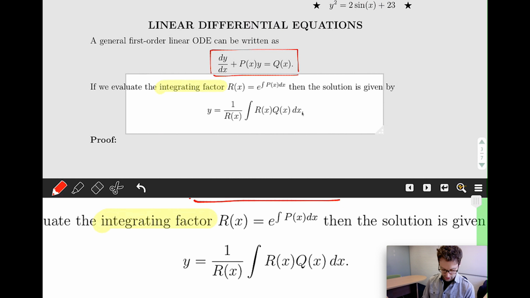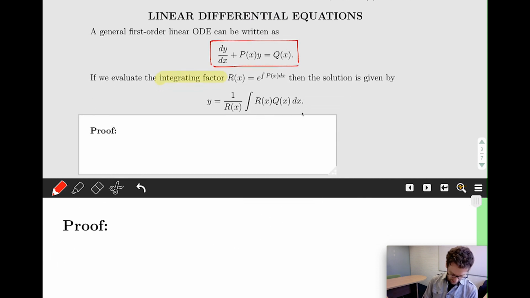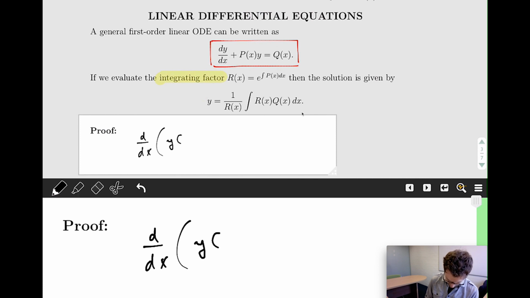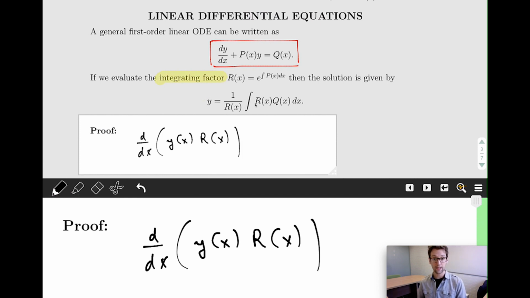So to see where this expression comes from, let's take a look at the following derivative. I'm going to take the derivative with respect to x of this product, y of x times r of x, where r of x is e to the integral p of x dx.